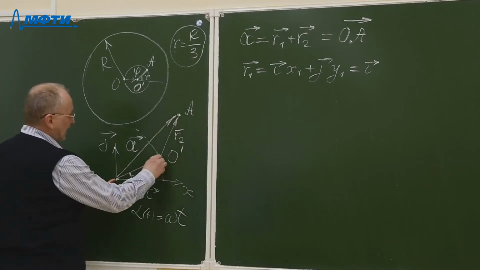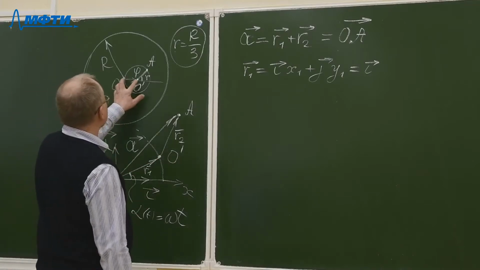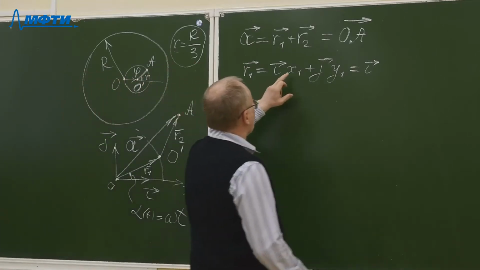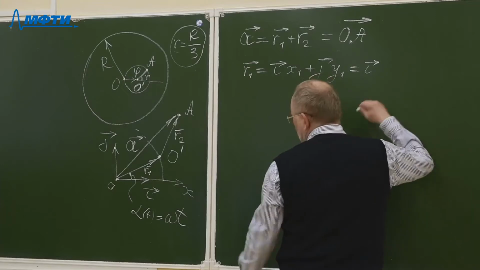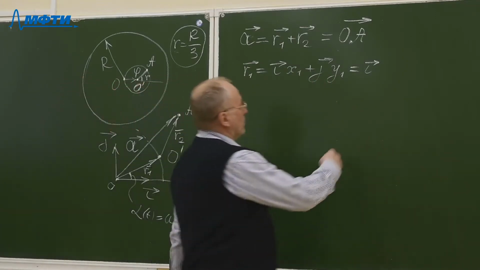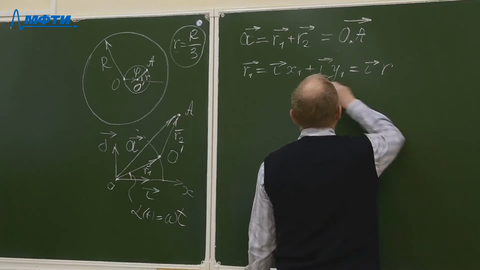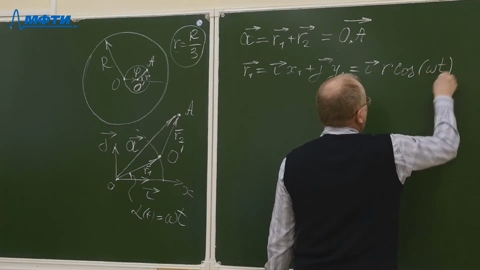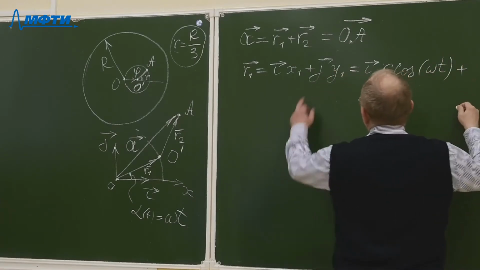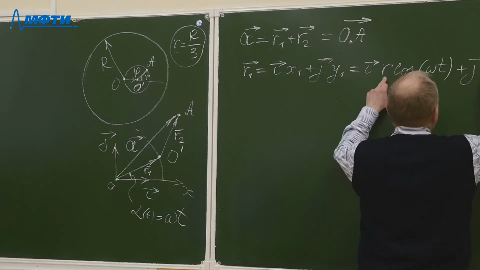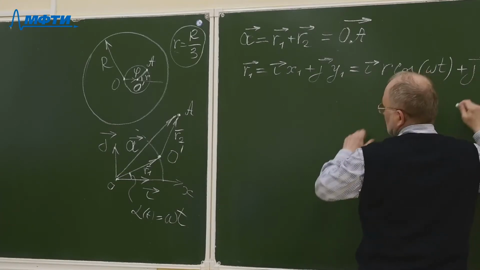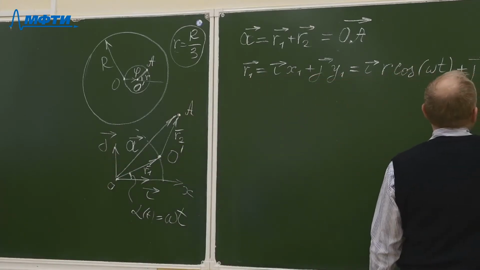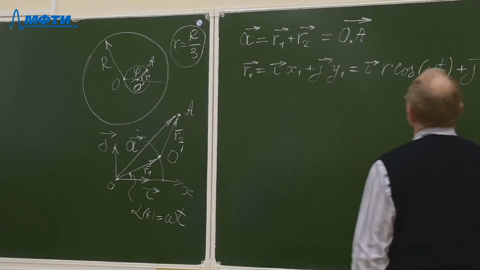So the length of vector r1 is known. It's the distance between axis O and O prime. It's small r. And therefore, x1 is changing in time because this vector is rotating. How can it change in time? It will be small r, its amplitude, cosine omega t, plus vector j, and again r, and its y component will be equal to sine omega t.